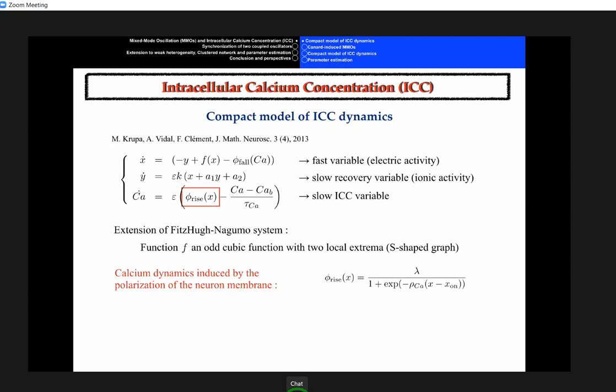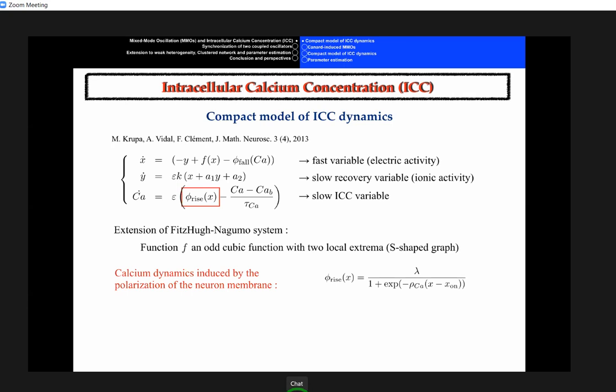Here you start to see the additional parameters, meaning the amplitude lambda, the stiffness of the sigmoid function, rho Ca, and the threshold of activation for this function given by x of.